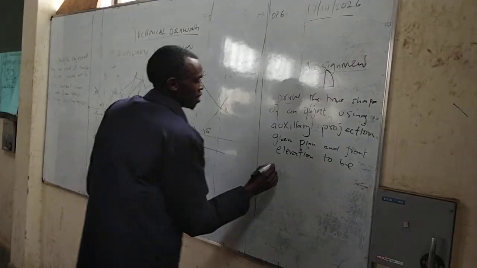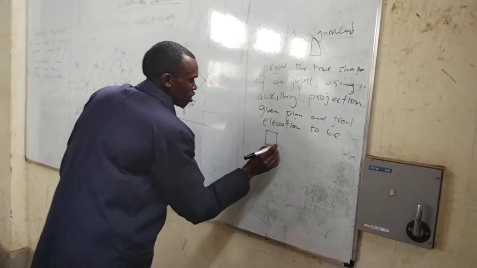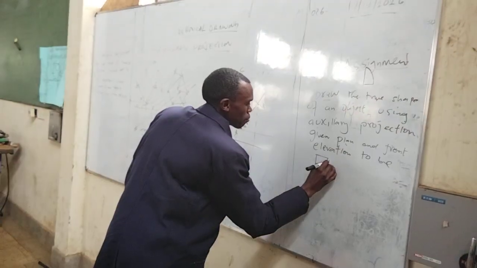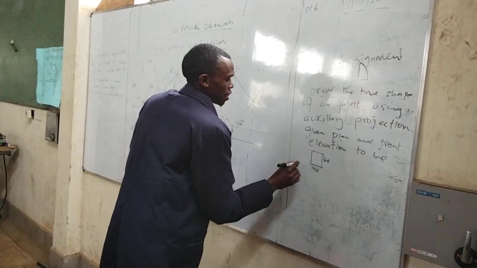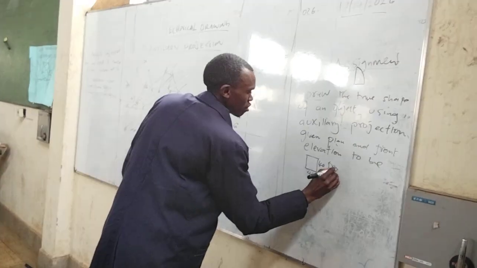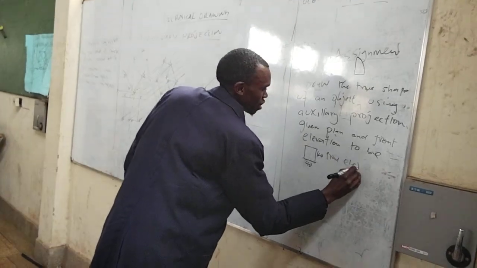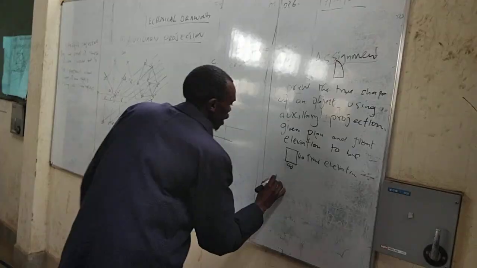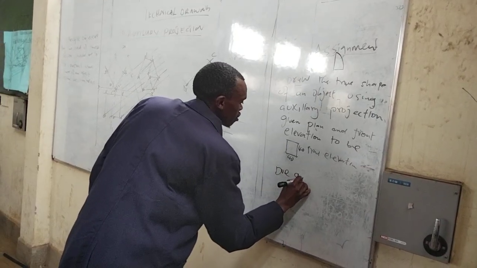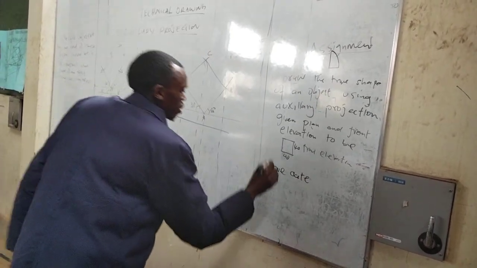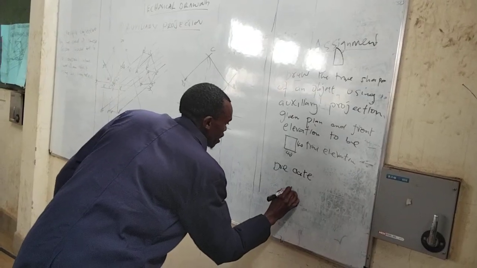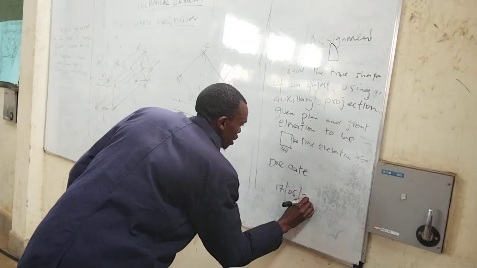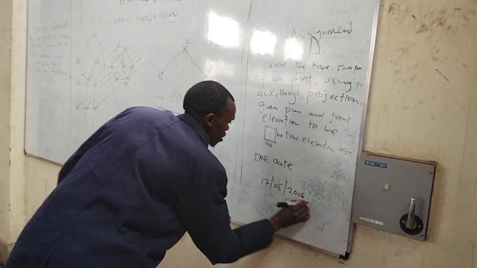To be this one, say 40 and 40. This is the front elevation. Due date is 17/05/2026.